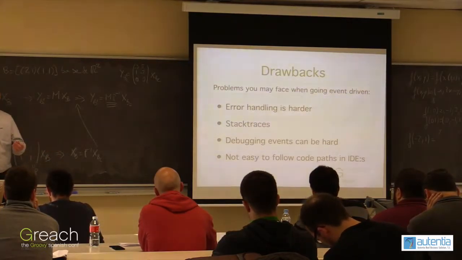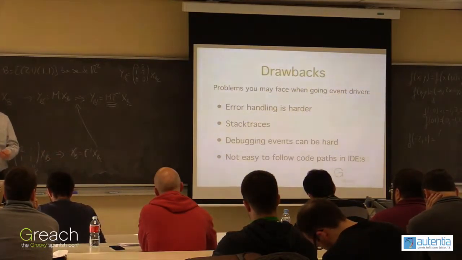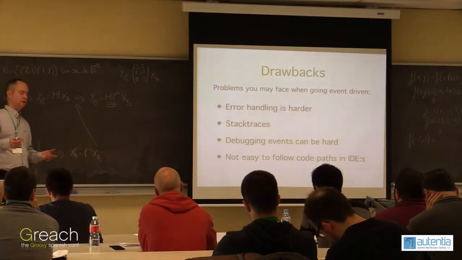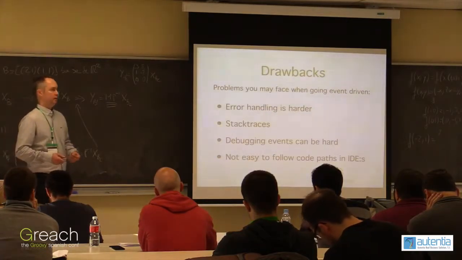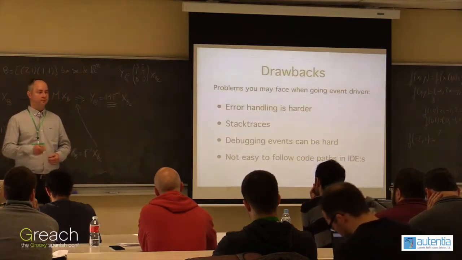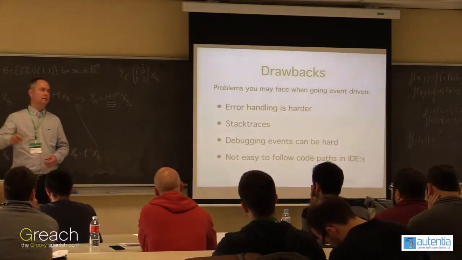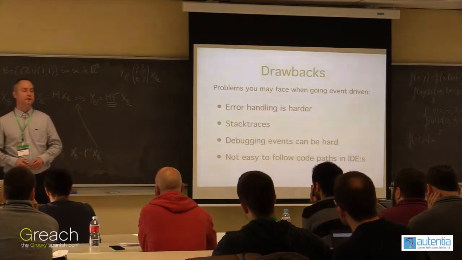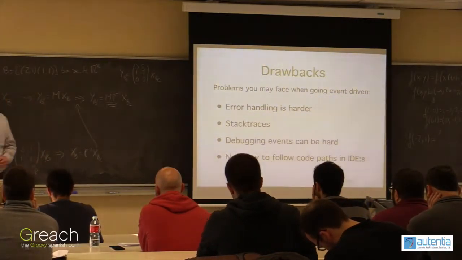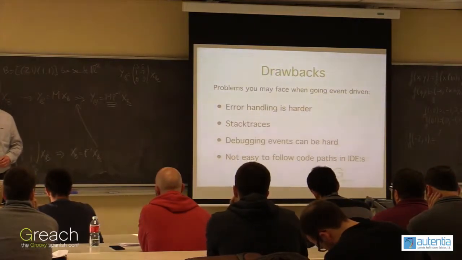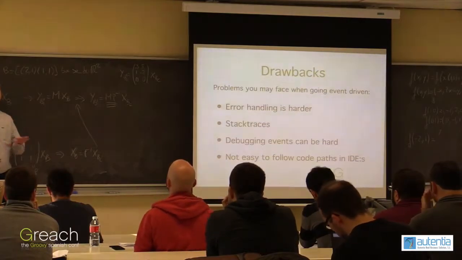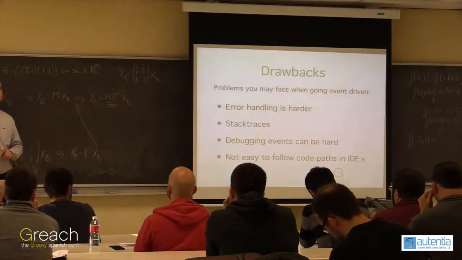It's harder to find the path back to who really sent that email, because maybe the problem was in the source that they didn't supply the email address to send to. But that's really the problem, that the plugin that sent this event. So stack traces can be hard to follow. And debugging, because you cannot single step so easily, because you just send a message.